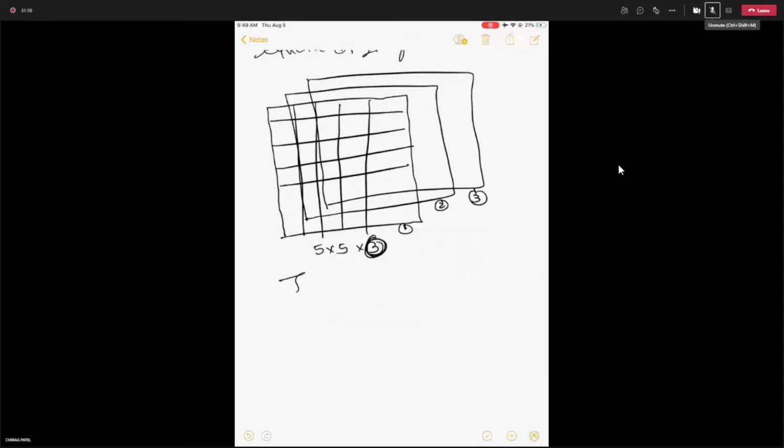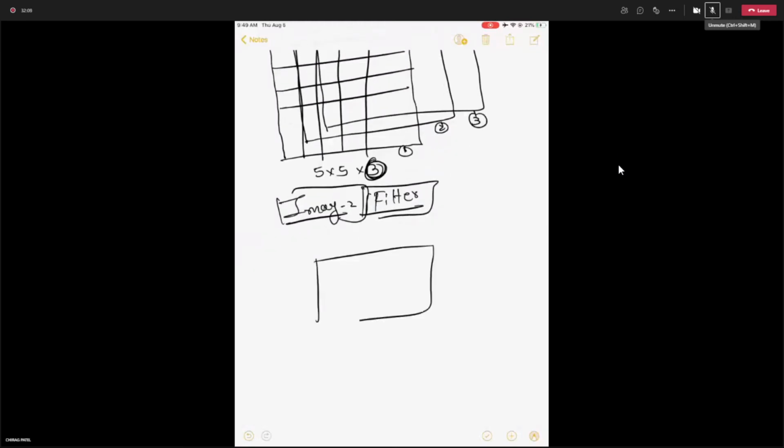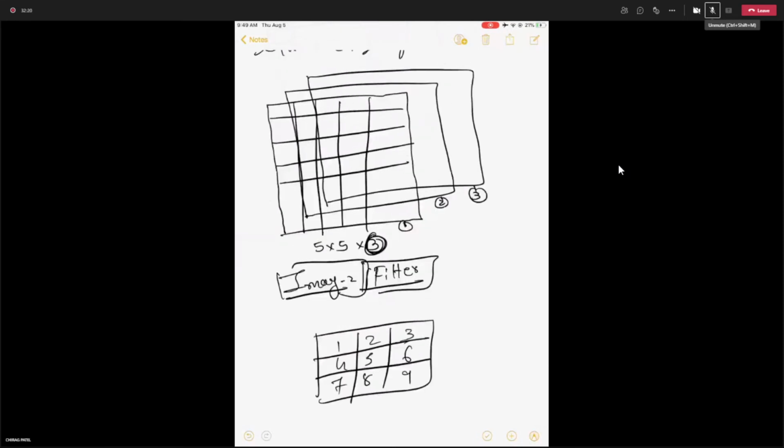Now, or you can say the filter we're considering at that moment of time, if we are taking this as a filter, 1 2 3 4 5 6 7 8 9, इसका कन्वोल्यूशन होगा या नहीं होगा? सर होगा, हर एक को इंडिविजुअली कर देंगे. नहीं होगा. ये 3 क्रॉस 3 है और ये 5 क्रॉस 5 क्रॉस 3.